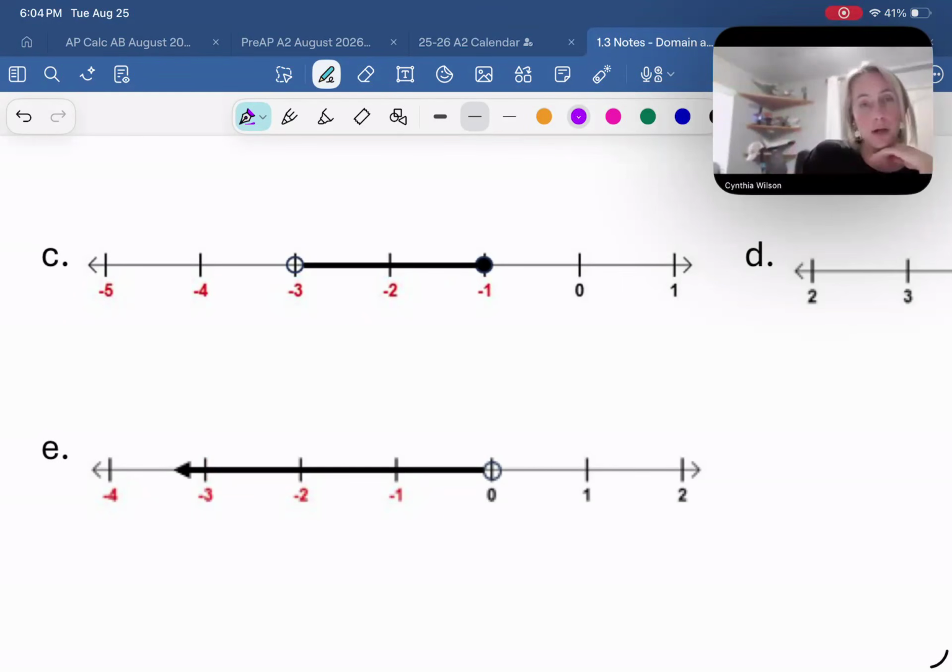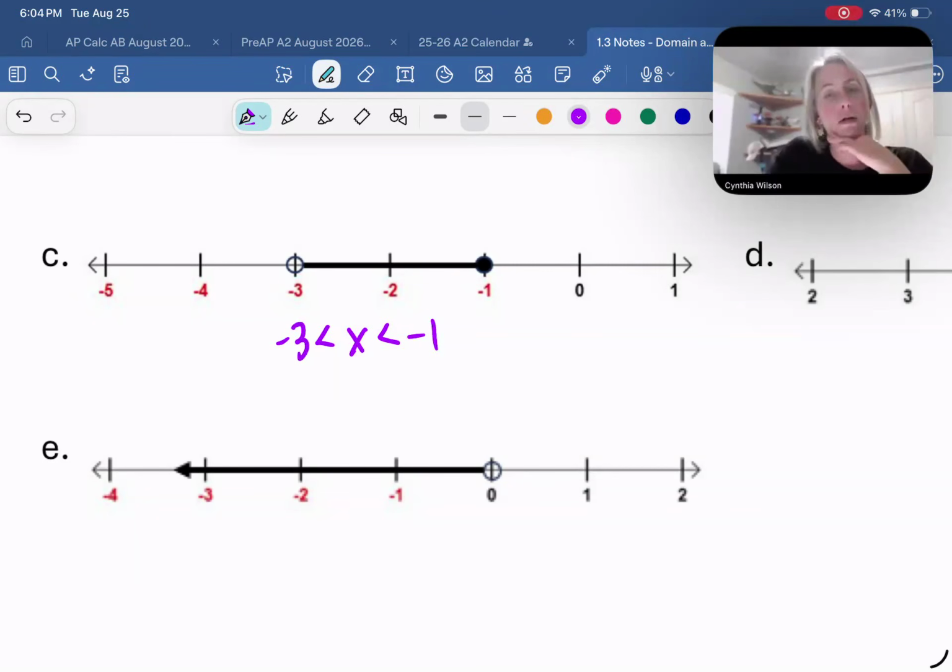So in my inequality notation, x has to be between, always less than symbols, -3 and -1. Which one of these gets the equals to? Perfect. Equals to.